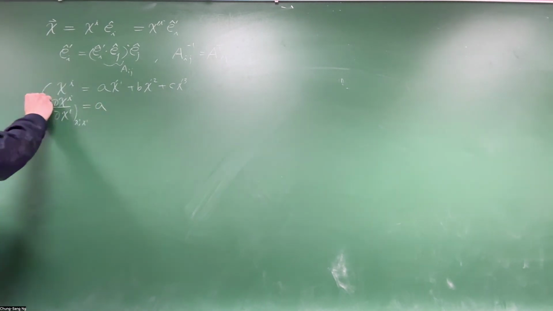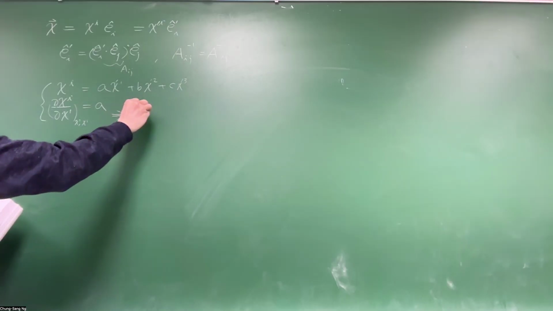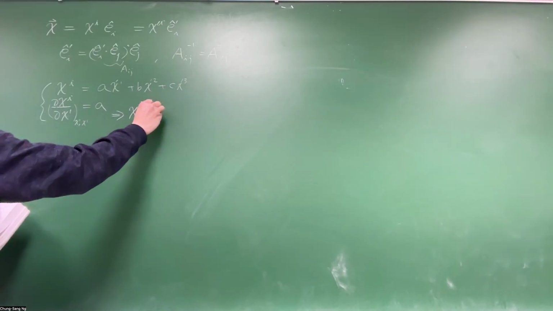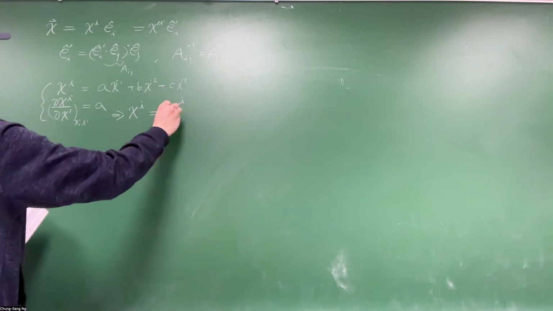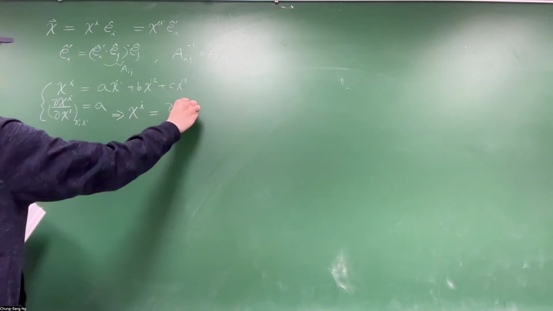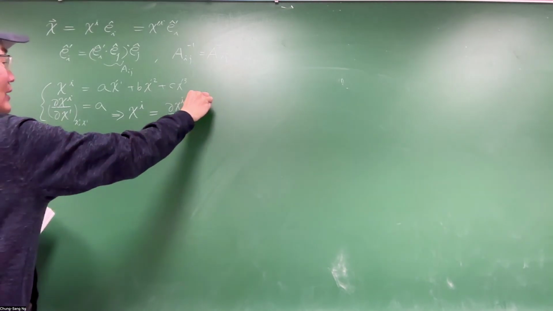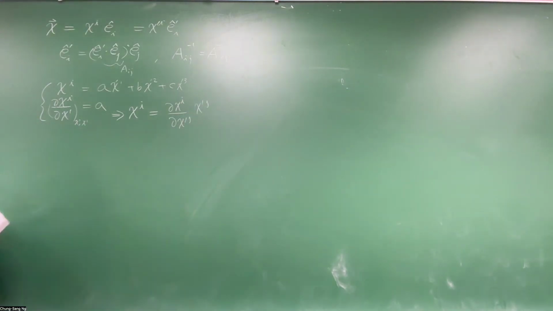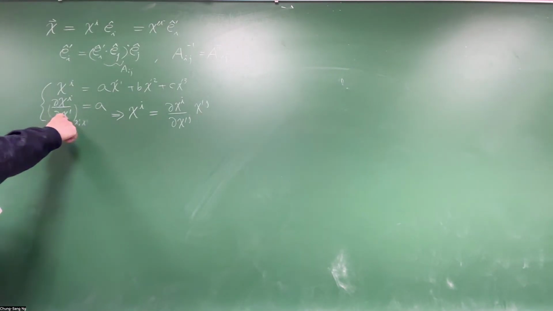So we can generalize this to arbitrary rotation. So x i will be like this, with partial x i, partial x prime j, and x prime j. Okay, this we just check. This is the same.